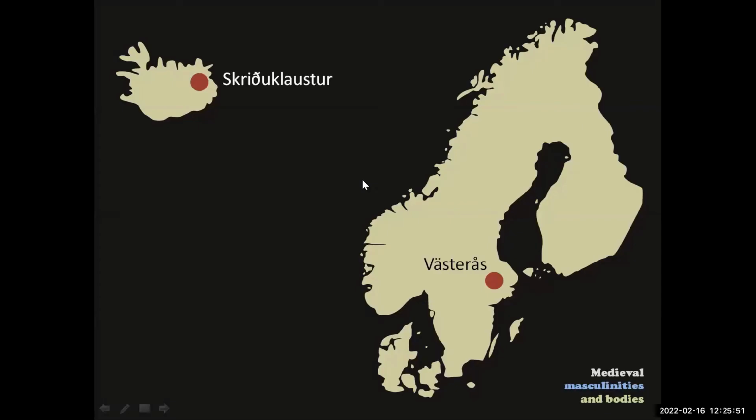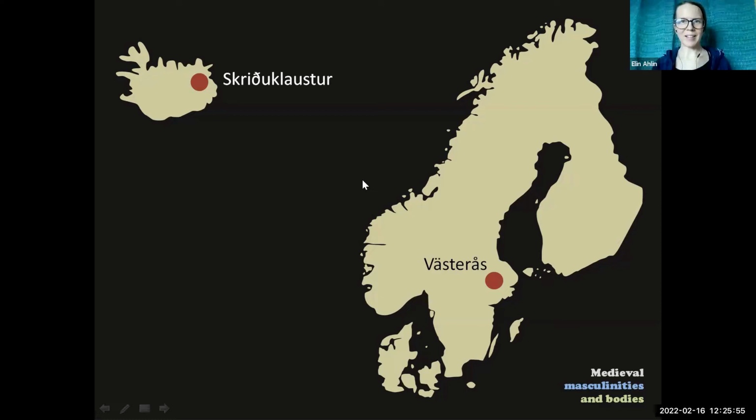This shows the two materials I've used in my research. There are two monastic sites, one in Iceland and one in Sweden, both medieval monastic communities, where the burials have been excavated for the entire cemeteries. So they're quite large collections of human remains.